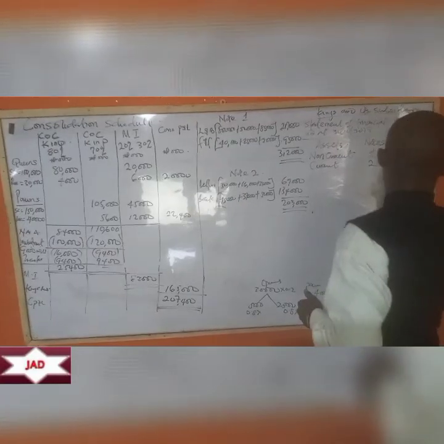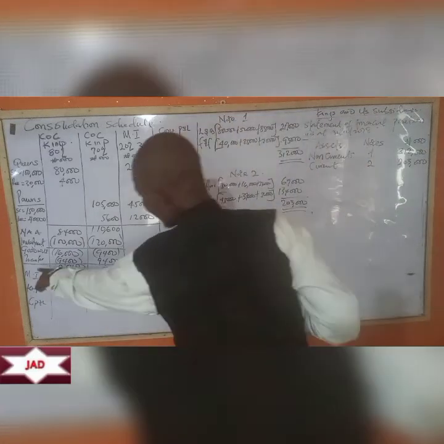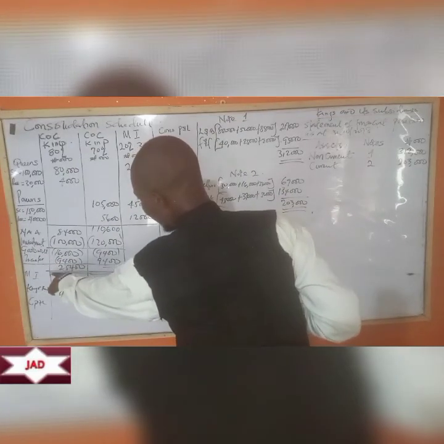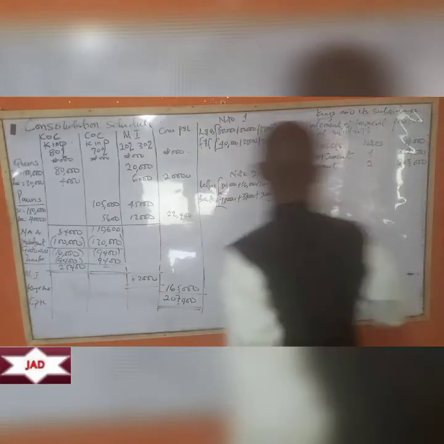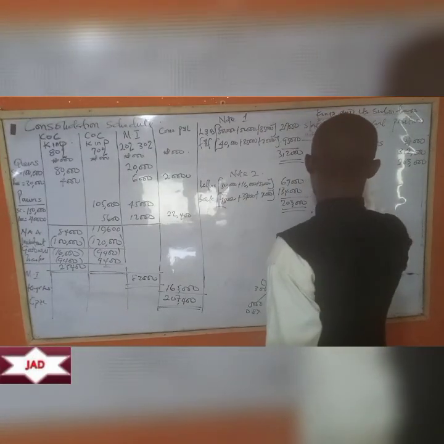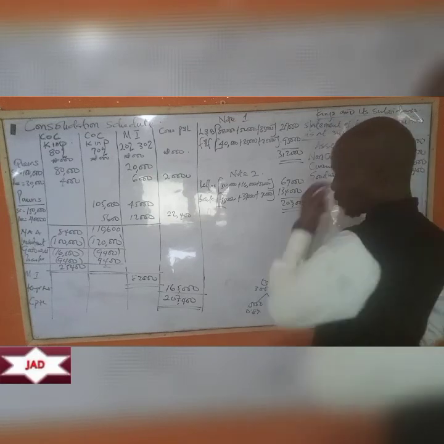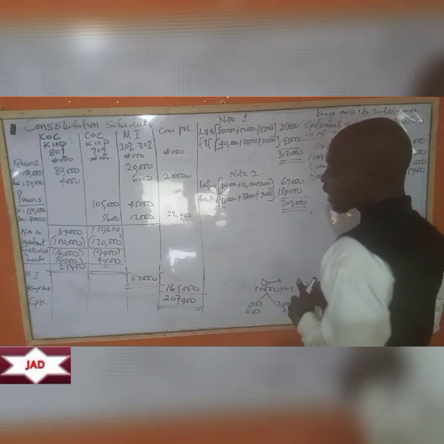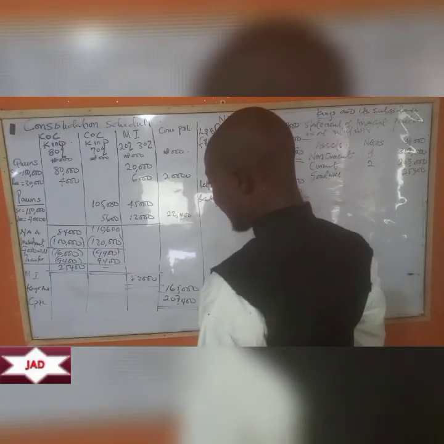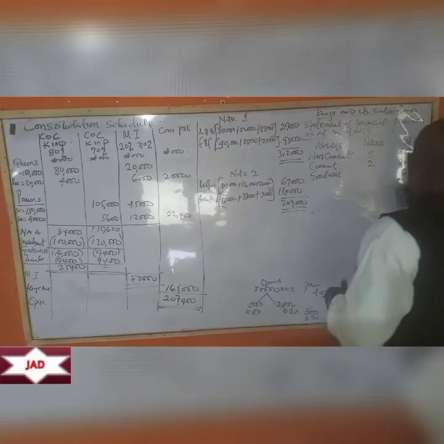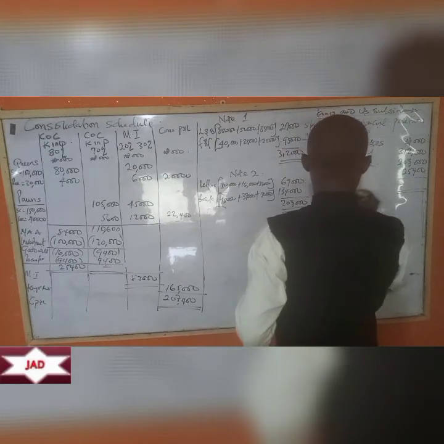So we have 203,000. So what is our goodwill here? Our goodwill is 25,400. Okay. So what exactly is our total assets?